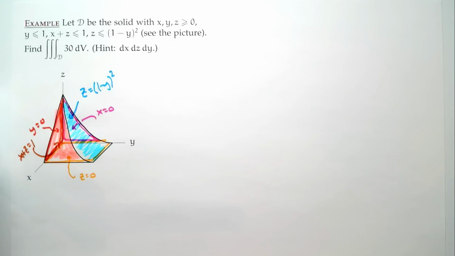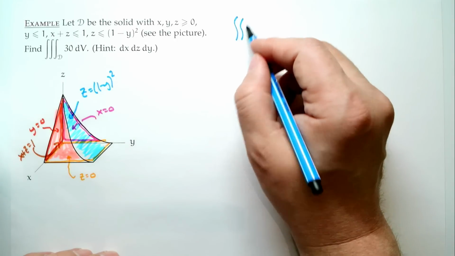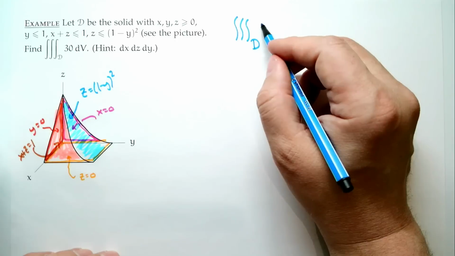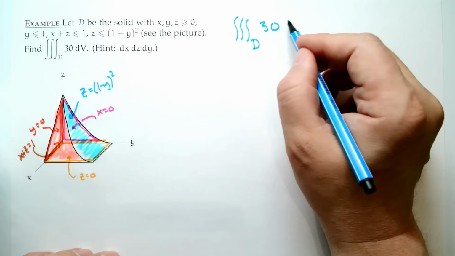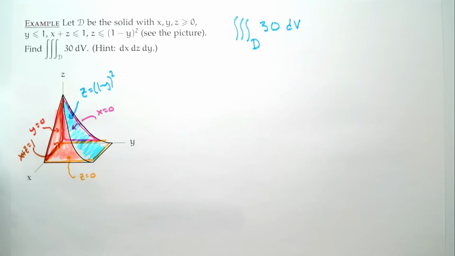And it says we want to integrate something over this shape. In particular, the goal is to integrate over my solid, which is spelled with a fancy D for some reason, 30 dV. Well, we have choices, but some choices are easier than others.